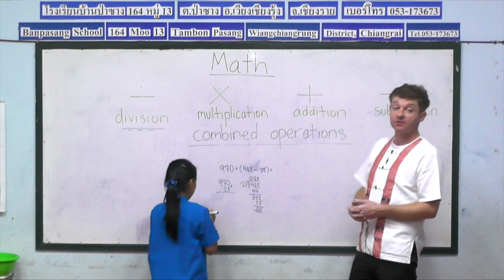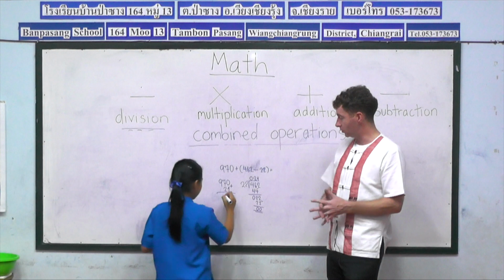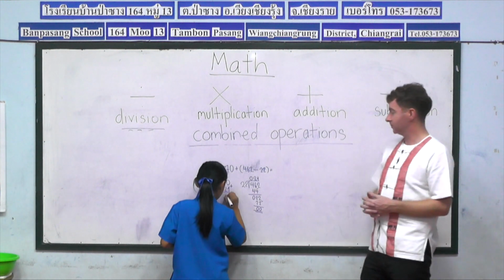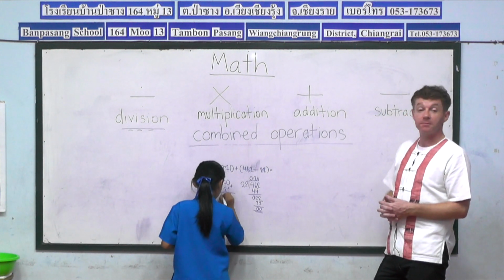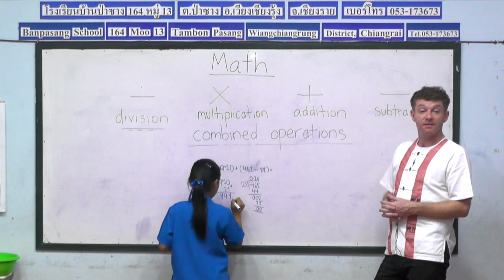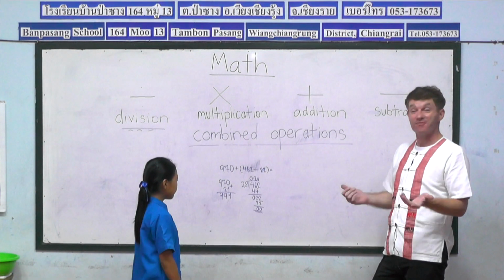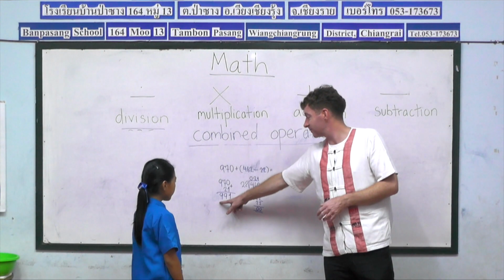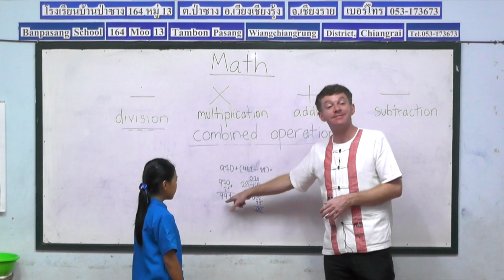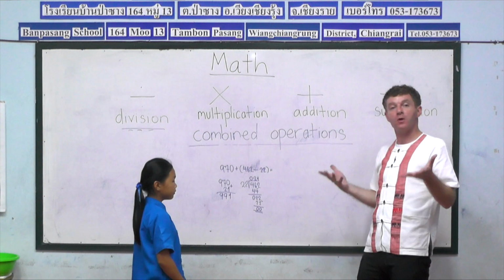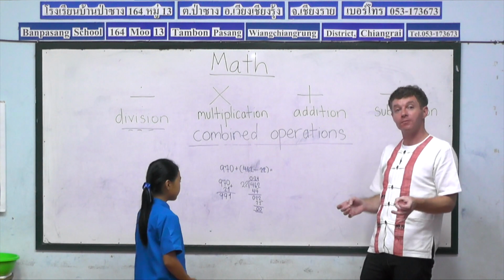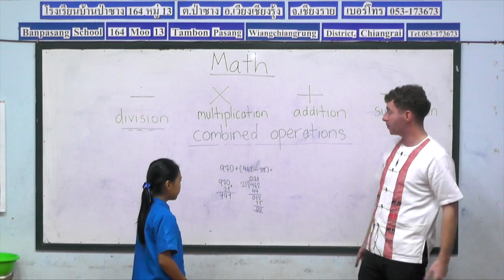So, starting with the ones, equals 1. 9 plus nothing equals 9. So now we have our final answer, 991. And that's how we work out division problems involving combined operations.